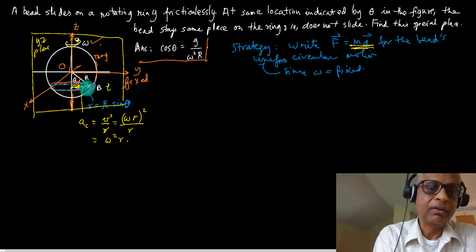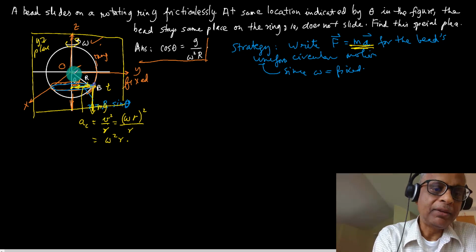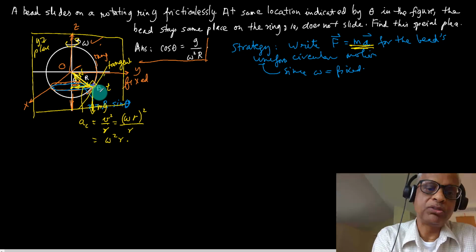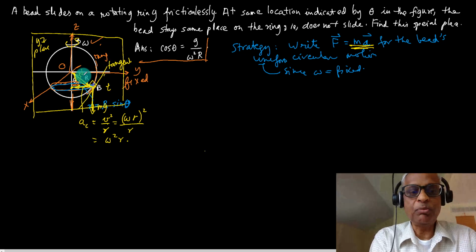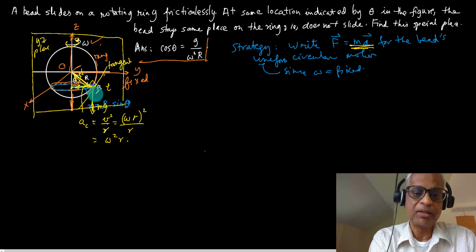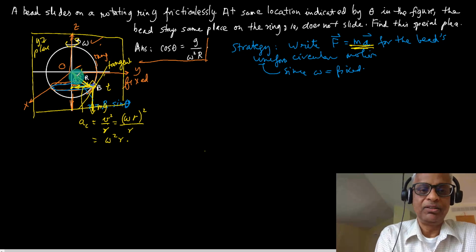Gravity is still way down, this mg, and the normal is pointed in that direction, perpendicular to the tangent. This is the tangent, so the normal has to be pointed 90 degrees to this tangent. The normal is coming from the ring. So there are only two forces, weight and the normal from the ring. We are in the YZ plane.